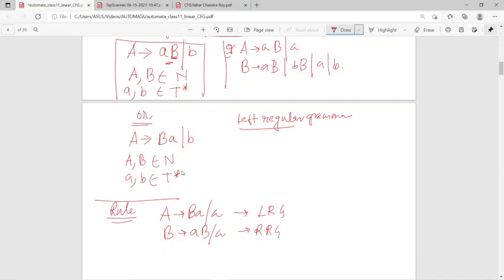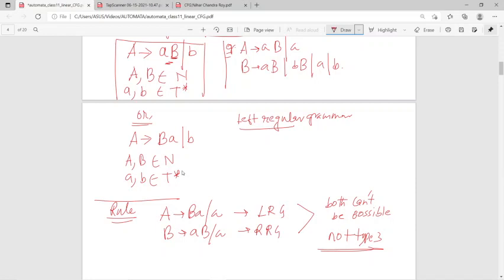Both cannot be possible, and if you find both rules present, then that is not type 3.